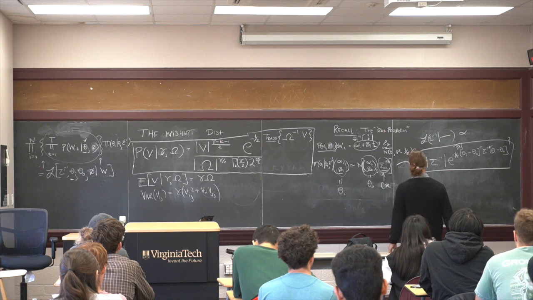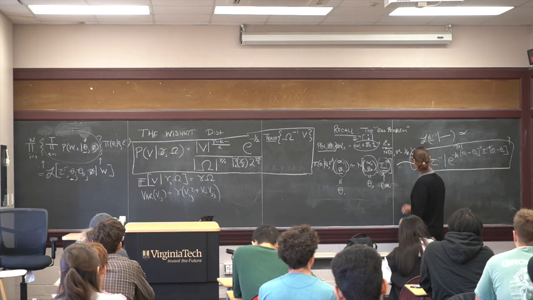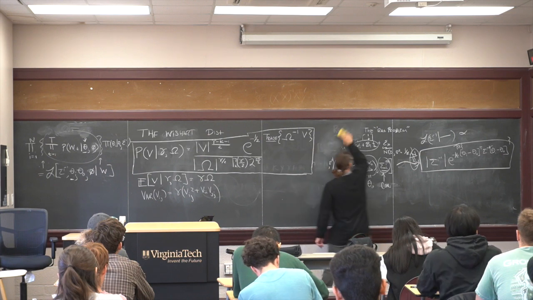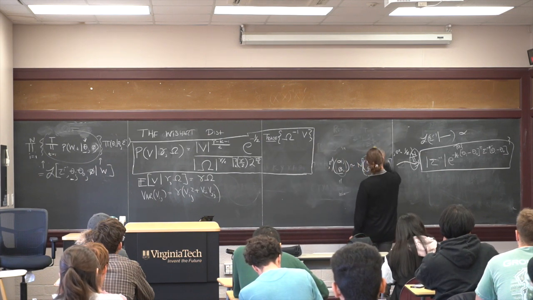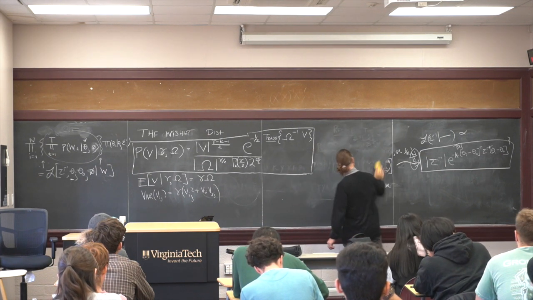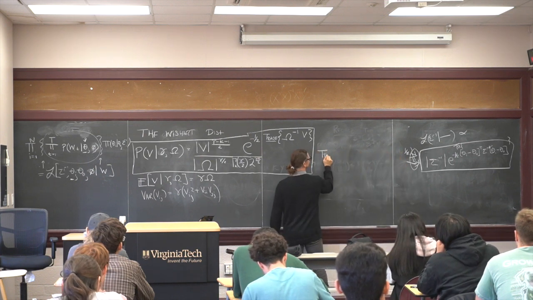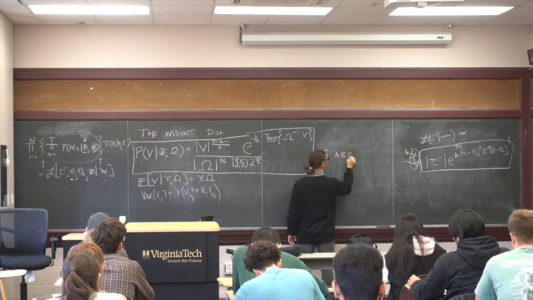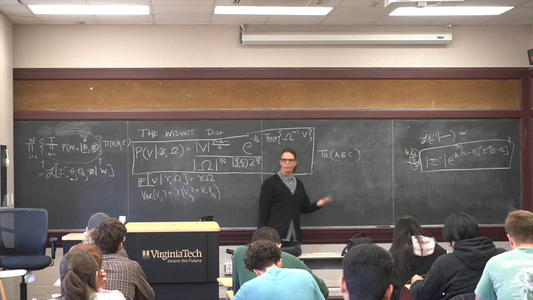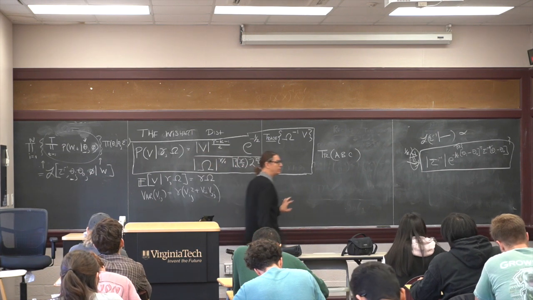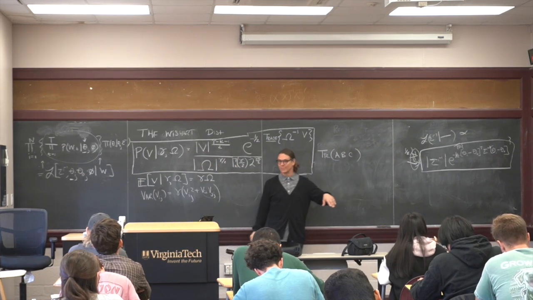Let me just tell you something about traces. And get rid of the model real quick. Trace of A, B, C. I'm going to assume that A, B, and C are conformable matrices, so I can multiply these together. They don't all have to be squares.